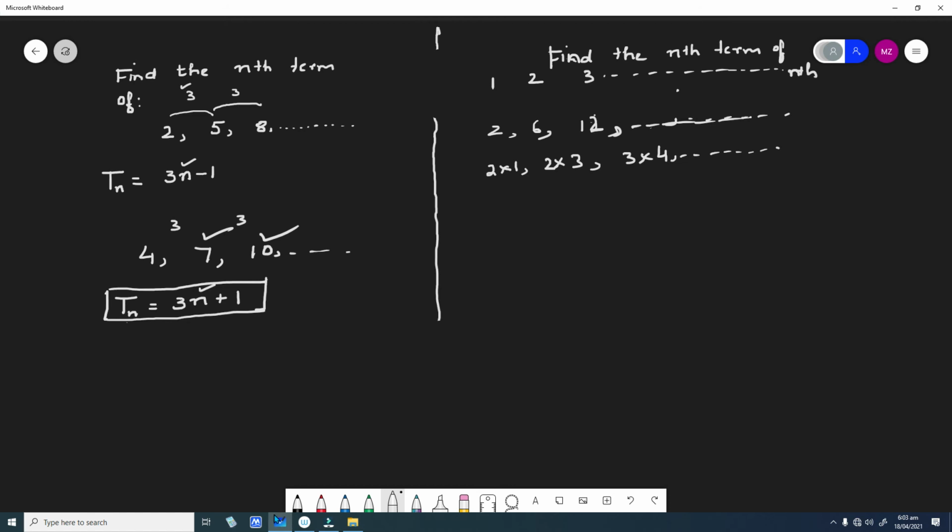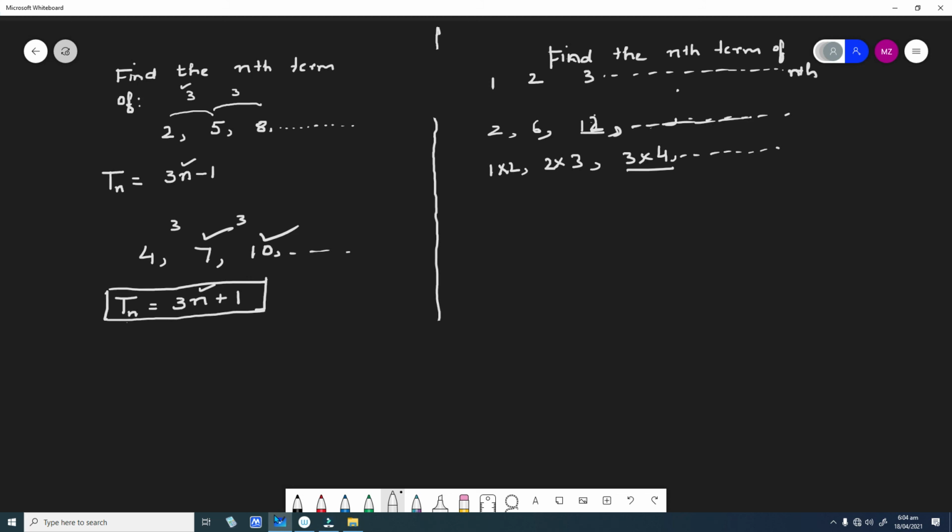You may write 2 as 1 into 2, so that the arrangement becomes complete. So 2 can be written as 1 into 2, 6 can be written as 2 into 3, 12 can be written as 3 into 4. So 1 2s are 2, 2 3s are 6, and 3 4s are 12, and so on.